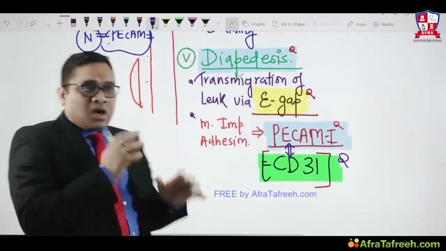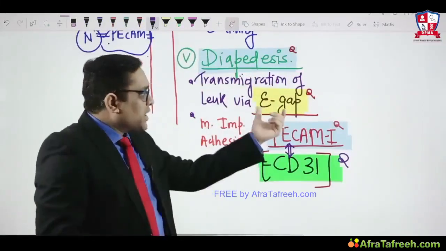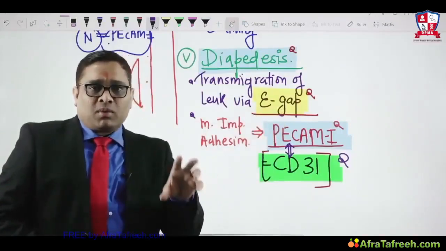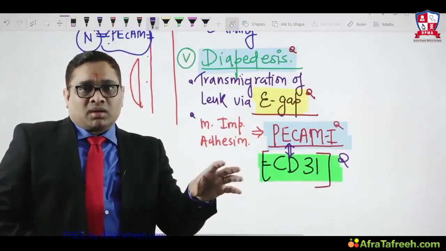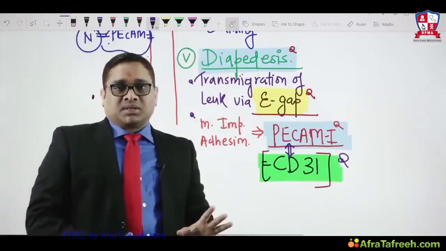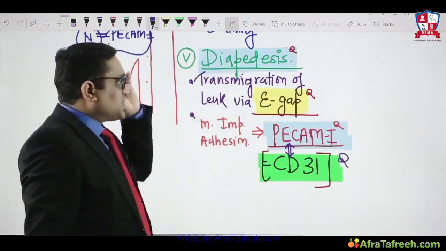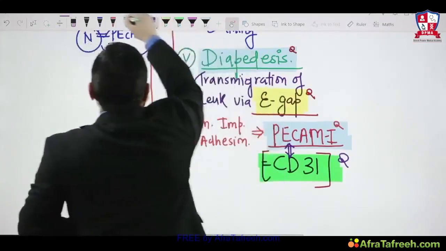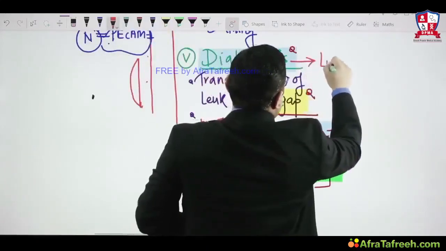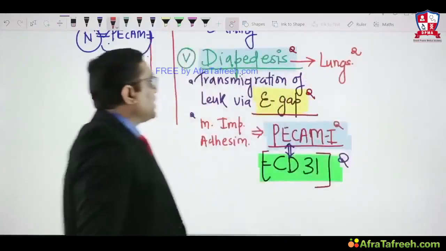Now we can see how we can correlate the concepts. When we were studying endothelial gap, you remember I said endothelial gap will be formed at venule throughout the human body except for the lungs, where it will happen in capillaries. So examiner had asked, what will be the site of diapedesis in lungs? That was the question in All India exam 2015.